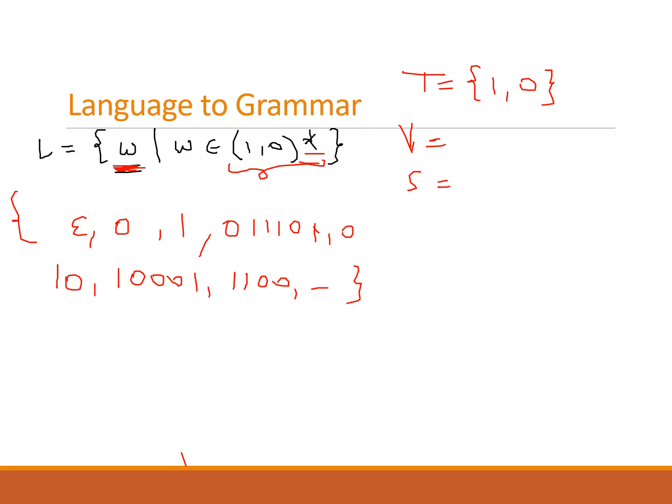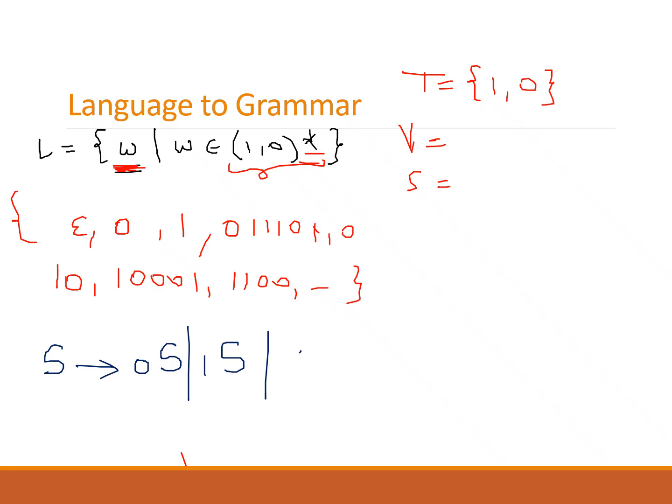So the grammar for this language would be very simple. We say that we can start either with 0 or we can start with 1. So if I start with 0, I can expand it anyhow further. If I start with 1, I can expand it anyhow further by introducing this recursion by adding S here.